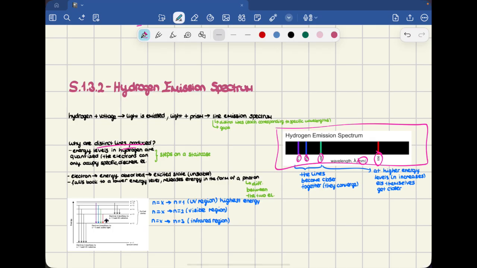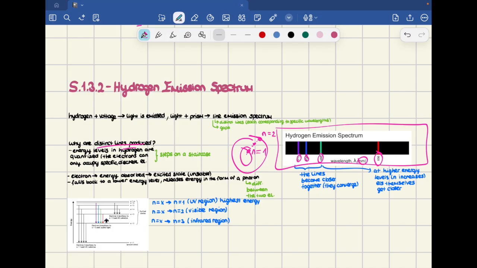So we have different energy levels and they're quantized. For example, an electron can be in the second main energy level, or it can be in the first main energy level, but it can't be in between these two energy levels.